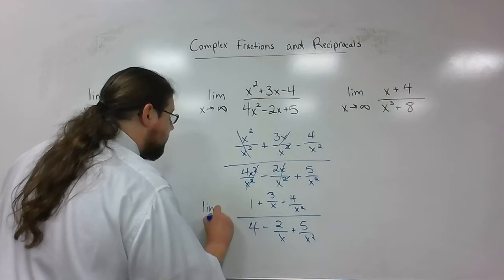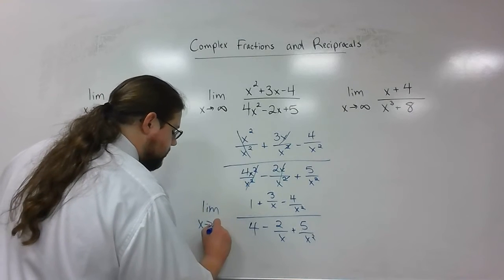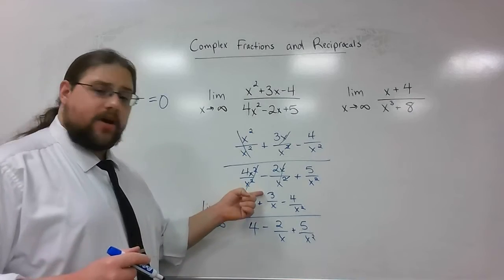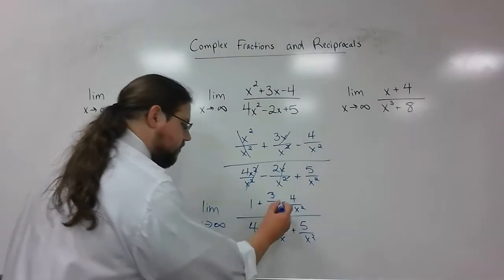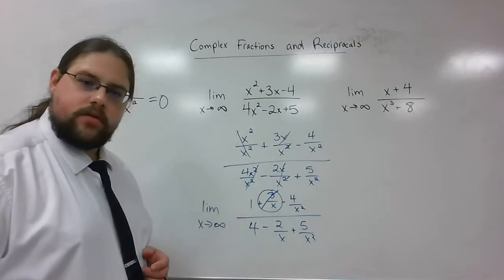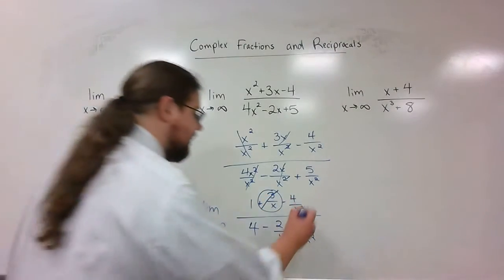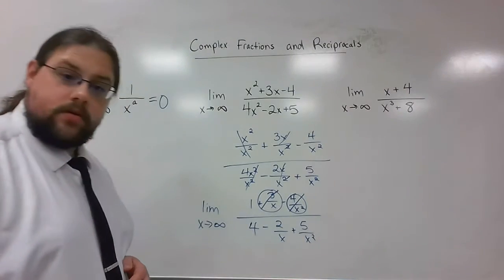Now, if I look at each little part as it goes to infinity, like I said, if it's a number over x, that's going to go to 0. If I have a number over x squared, again, any exponent, it's going to go to 0.